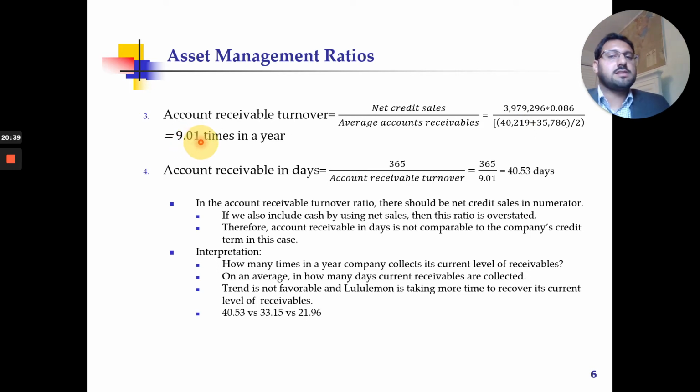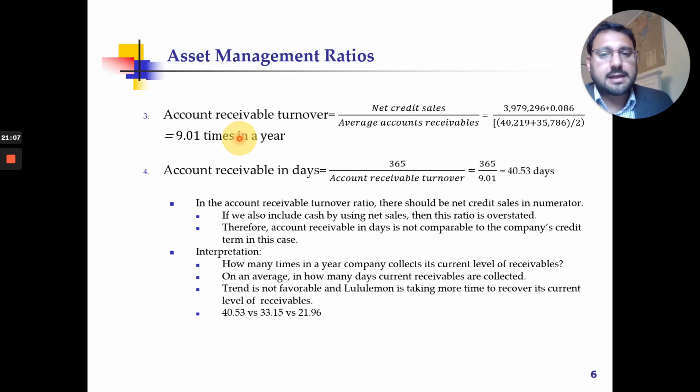Again, we want this number to be higher. And if we use simple net sales, if you are not able to locate net credit sales, you can go ahead with the net sales, but in that case this number will be overstated, showing that many times in a year the company is able to receive the current level of the receivables.